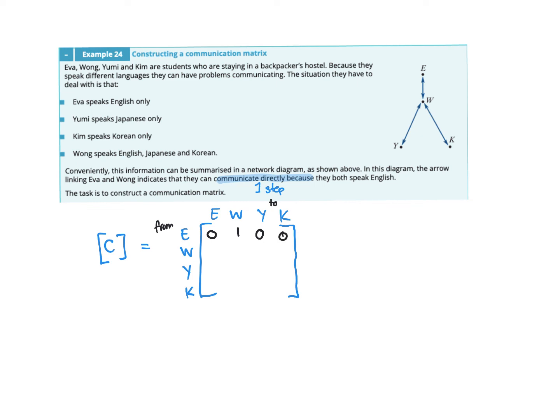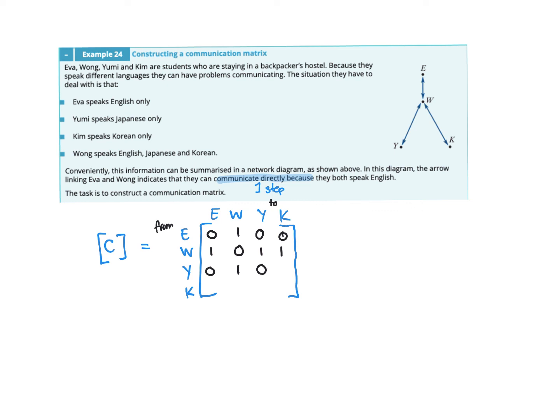Now we look at Wong. Can Wong talk to Eva? Yes. Wong doesn't talk to themselves. Can Wong talk to Yummy? Yes. And they can also talk to Kim. Yummy and Eva, no. Yummy and Wong, yes.